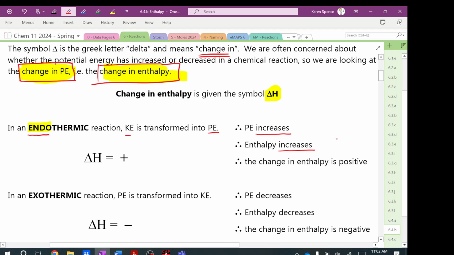And if something is increasing, that is a positive change, yes? So the change in enthalpy is positive. Delta H is positive for an endothermic reaction. So you can write delta H is equal to a positive value. Change in enthalpy is positive.